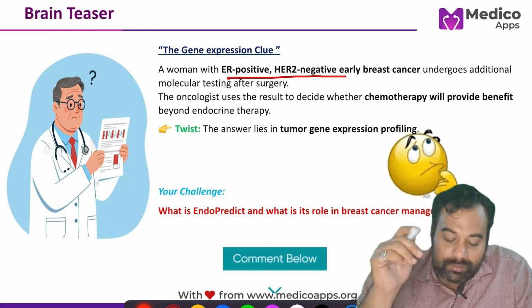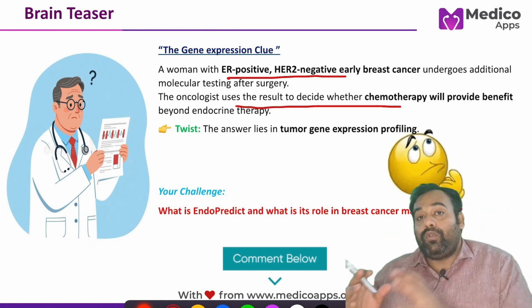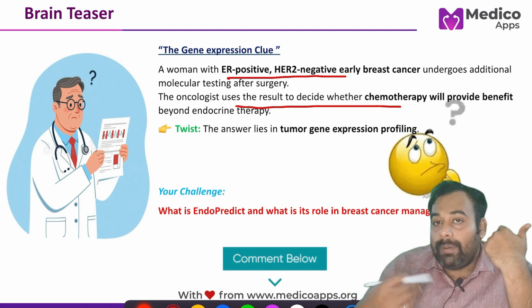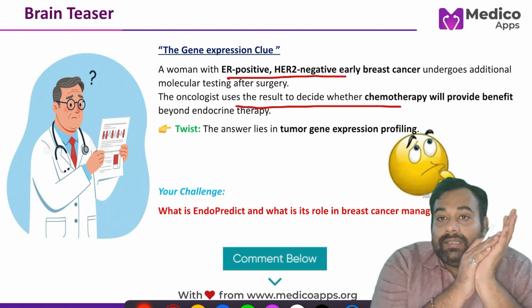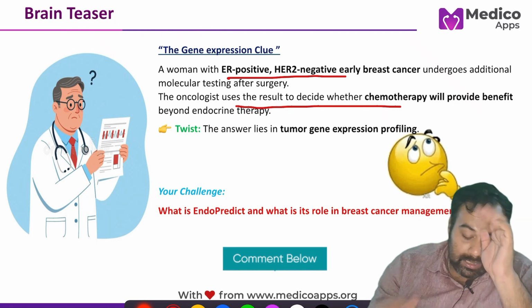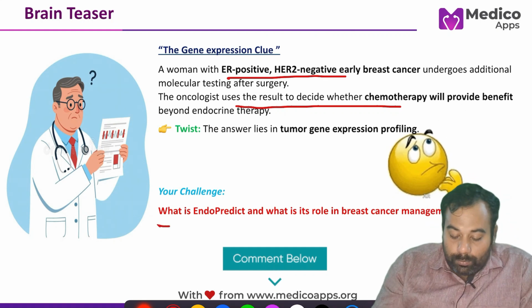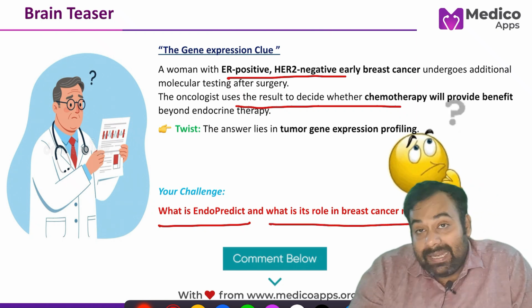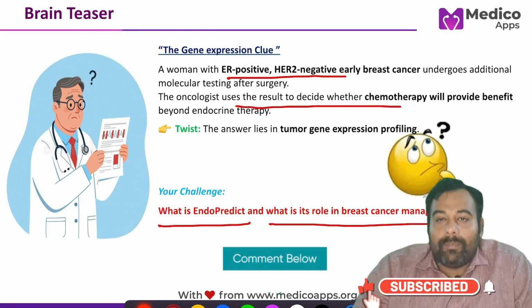The oncologist uses the result to decide whether chemotherapy will provide any benefit to the patient beyond the endocrine therapy, apart from the hormone therapy. So here lies the gene expression profiling. You have to tell me what EndoPredict is and what its role is in breast cancer management in such cases. Please do let me know in the comment section below.